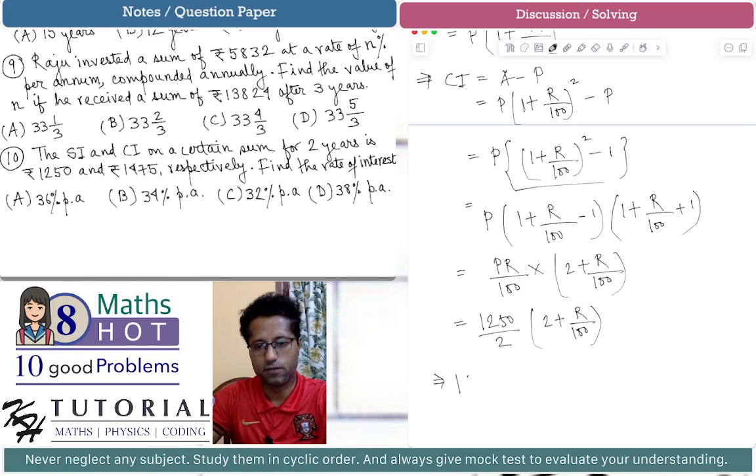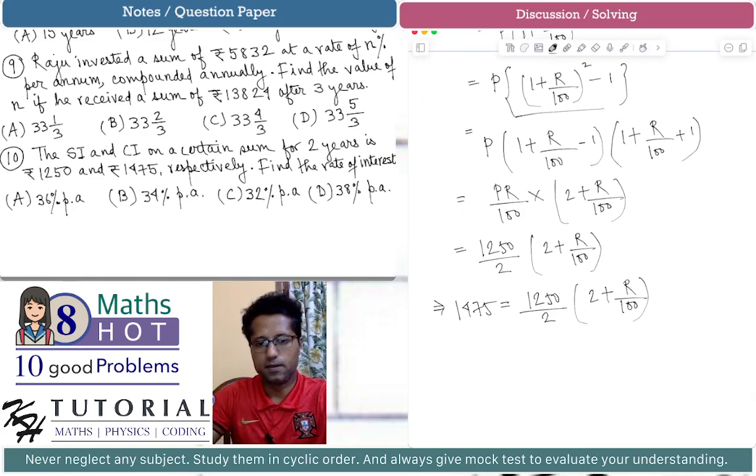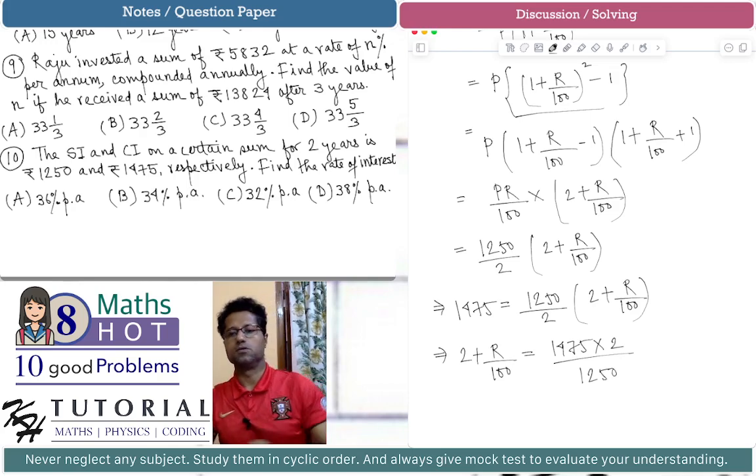So we can say 1475 is equal to 1250 divided by 2 and multiplied by (2 plus R by 100). So this will imply that 2 plus R by 100 is equal to 1475 multiplied by 2 divided by 1250.